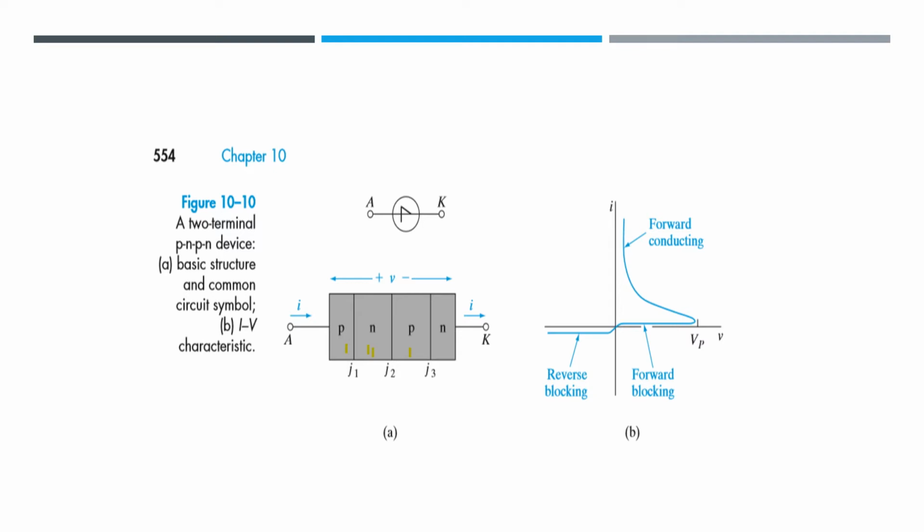When the anode is biased positively with respect to the cathode, the device is forward biased.